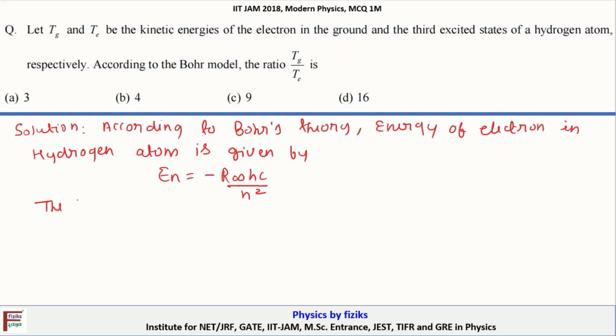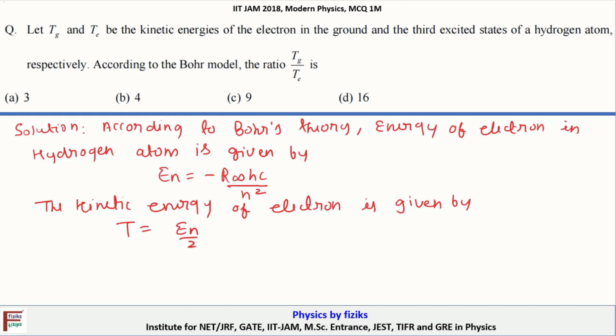The kinetic energy of electron is given by T is equal to En by 2, that means minus R infinity Hc by n square into 1 by 2.